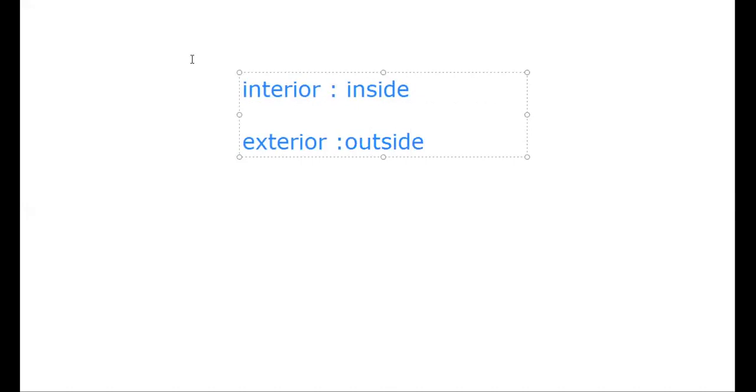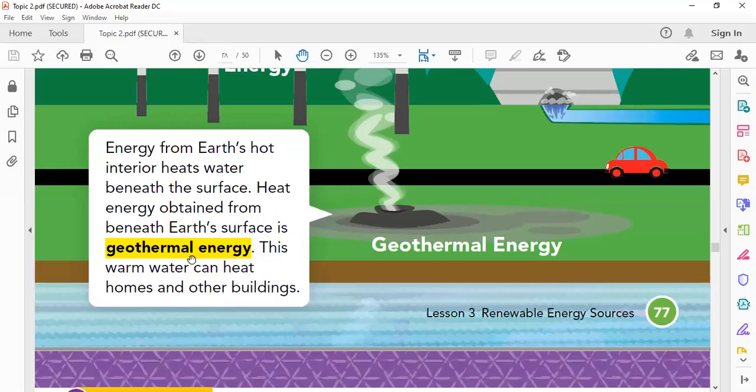Okay, now the geothermal energy. Where is geothermal energy? It is inside the earth, under the ground, where the temperature is very high. Energy from Earth's hot interior heats water beneath the surface. The water that is under the ground is heated from this heat. Heat energy obtained from beneath Earth's surface is called geothermal energy.